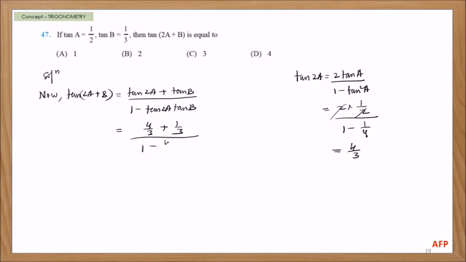The denominator is the same, so numerator: 5 by 3, denominator: 9 minus 4 is 5 by 9, or 3 square you can write. Cancel, and tan of 2A plus B is equal to 3. So 3 is the option.